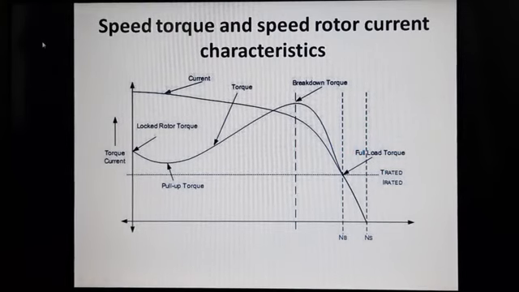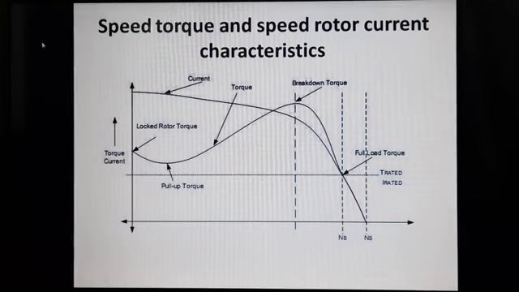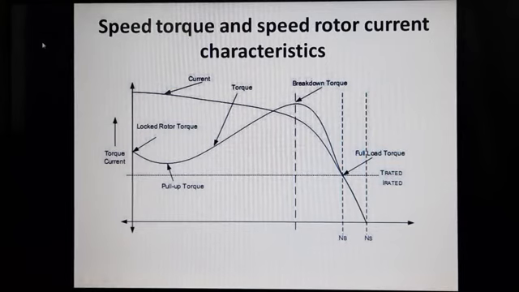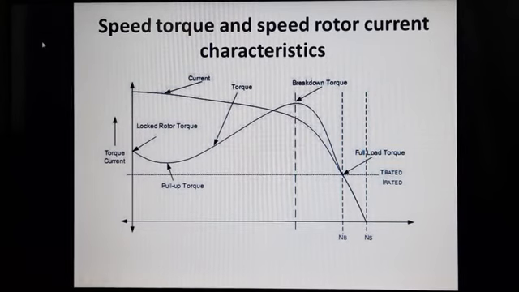The slip is directly proportional to current. So while the value of slip is increasing, definitely the magnitude of current has to increase, but this denominator term, though a bit small, when the value of slip is increasing, the denominator is also showing a slight increase.